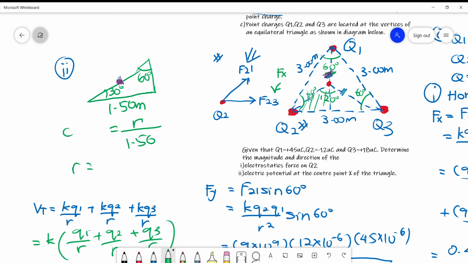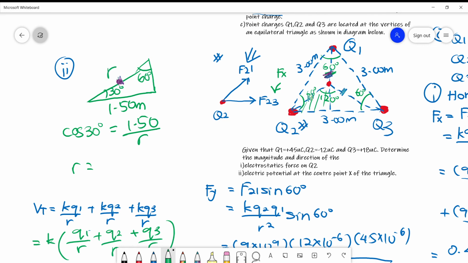So cos 30 is equal to the adjacent divided by hypotenuse. So R is actually, so is it correct?